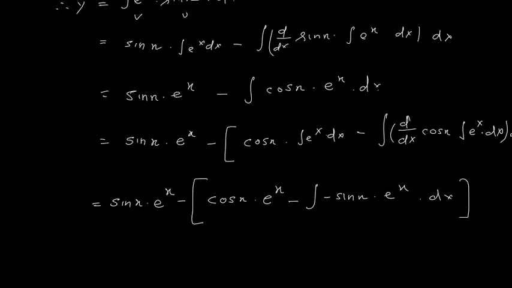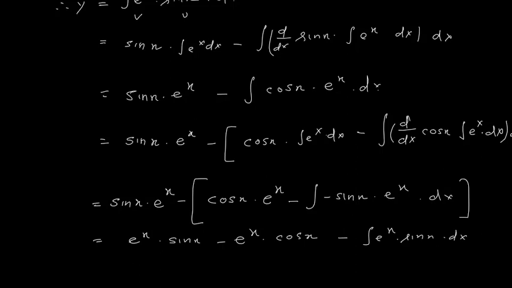Now if I open this bracket, I will get e^x sin x minus e^x cos x, and this minus minus is plus, and then minus, so again minus the integral of e^x sin x dx.